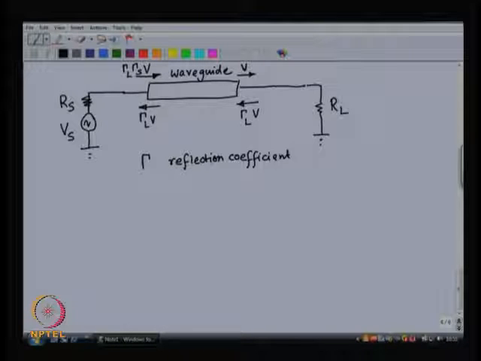Okay, so this is how it works. So you transmit a wave, let's say it's a voltage wave. This wave hits the load, part of it gets reflected back. The portion that gets reflected back hits the source and gets reflected again, and this keeps happening back and forth.